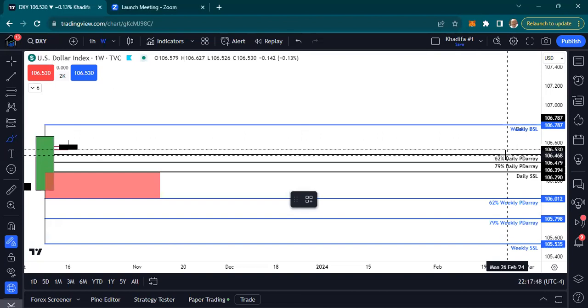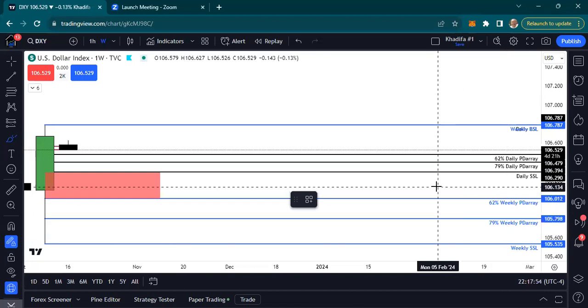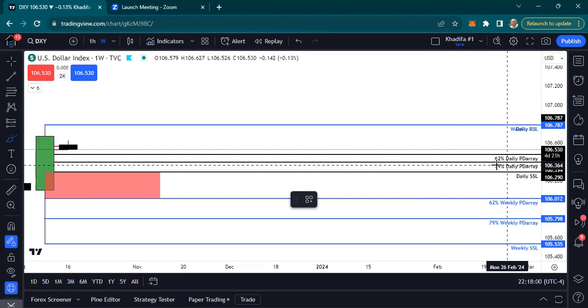You can see the black levels are the daily levels, blue levels are weekly levels, and anytime you see green levels, those are monthly levels. They are described in the title of the level.